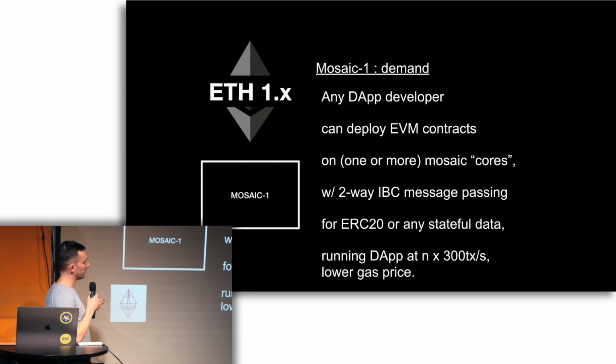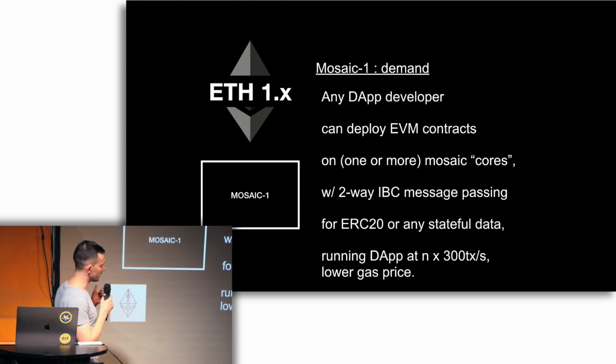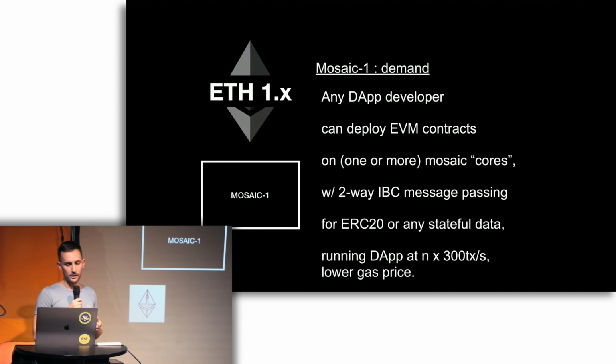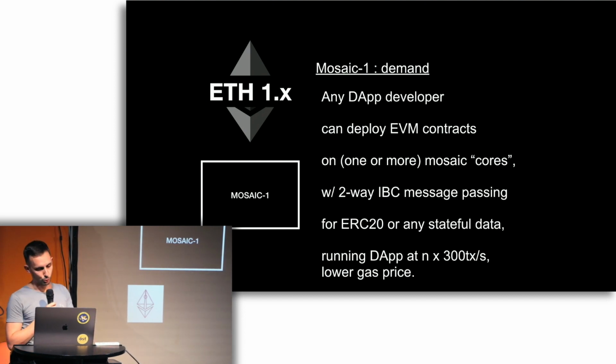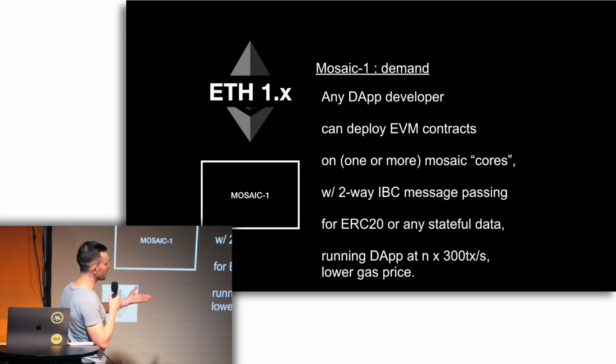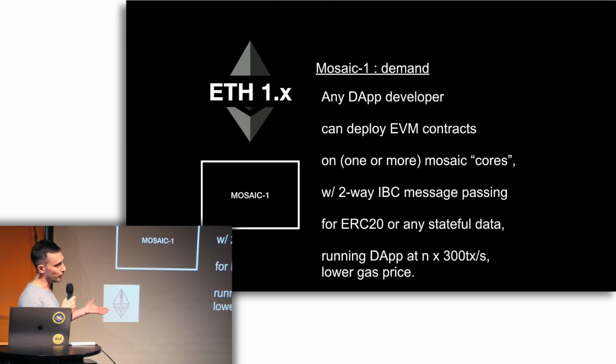I'll get into that. And you can pass messages between the chains. So you can send both ERC20 tokens or other message data from Ethereum 1x to this core or back. And then within each core, now you can comfortably run at 300 transactions per second. Plus, and this will be the point, you don't have to pay for proof of work.